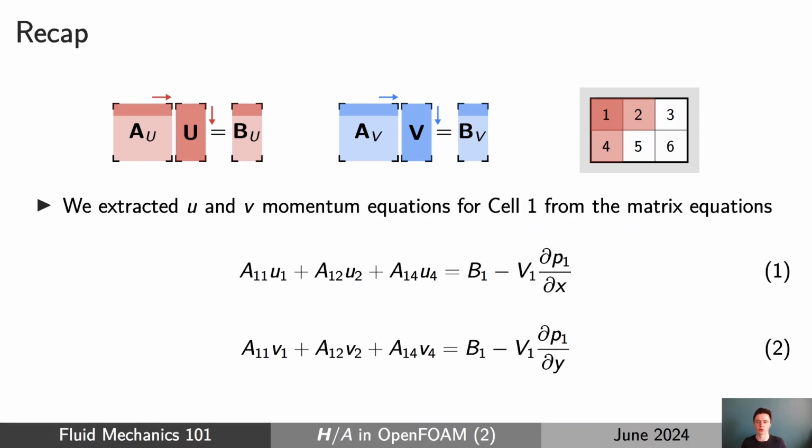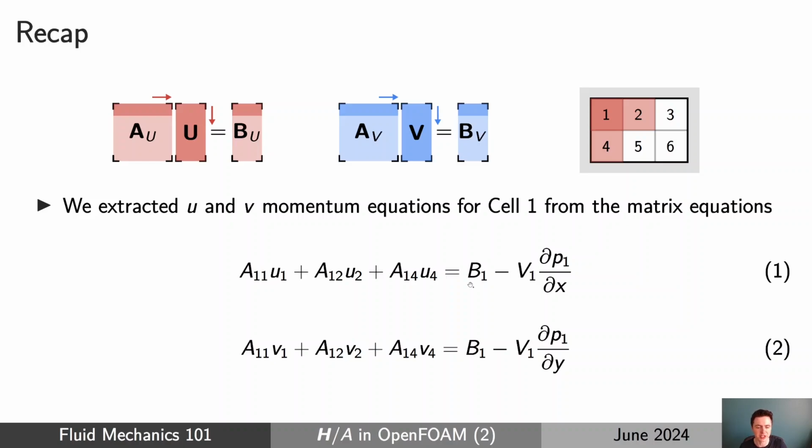And you may recall that what we did in the previous talk is we extracted the first row from the U and V matrix equations and wrote them out in algebraic form, and we resulted in two equations, 1 and 2. We've got A11 U1, that's the diagonal element, A11 multiplied by U1, plus A12 U2, plus A14 U4, is equal to the right-hand side.